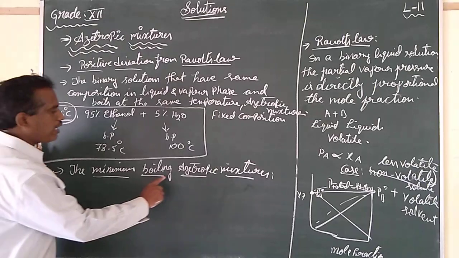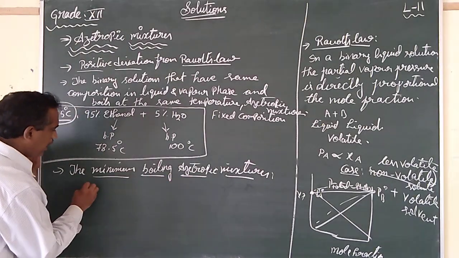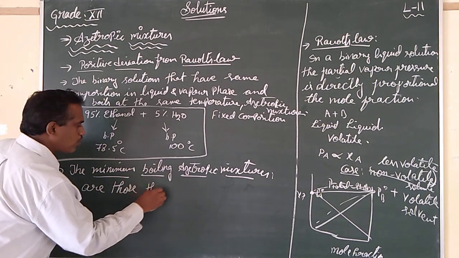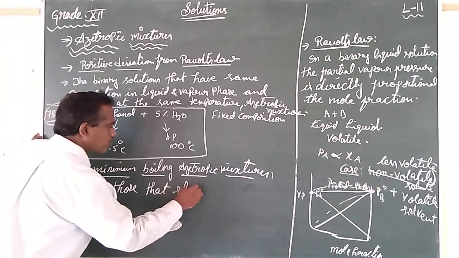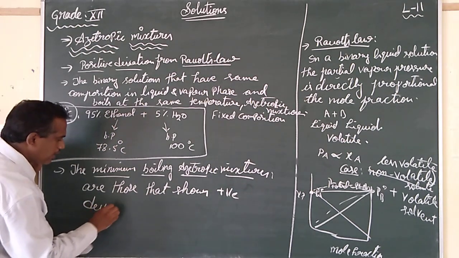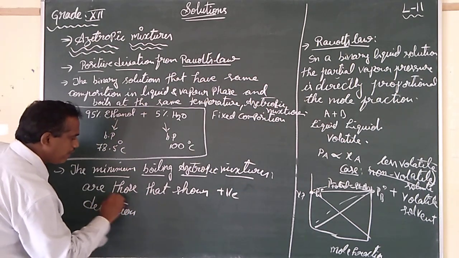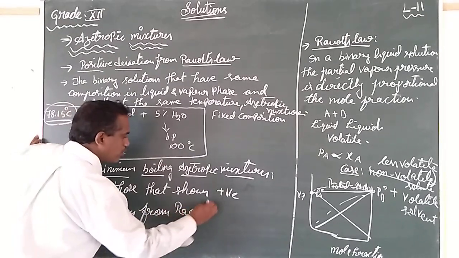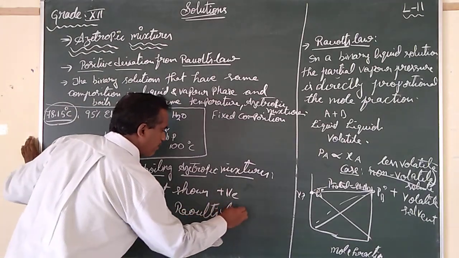So the minimum boiling azeotropic mixtures are those that show positive deviation from Raoult's law.